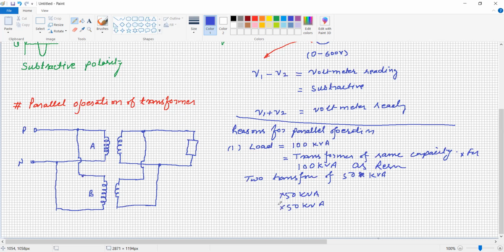Only one transformer fails, so the reserve capacity transformer is put into service, and again the reliability and continuity of the supply will be maintained. So if you are using a large capacity transformer, it is difficult to keep one more transformer as a reserve transformer.